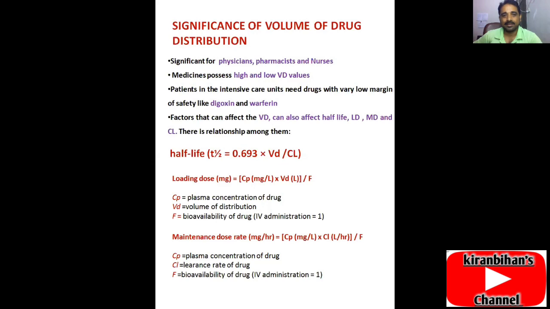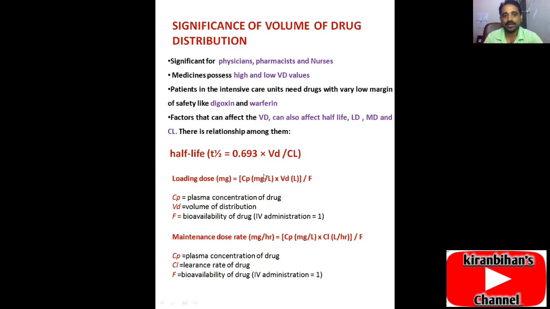Another significance of the volume of distribution is that it is very important to determine the half-life of the drug. Here you can see the formula of half-life. Half-life is equal to 0.693 times VD divided by clearance. We can determine the clearance by rearranging this formula, or vice versa.